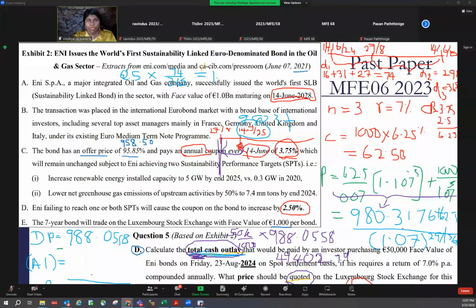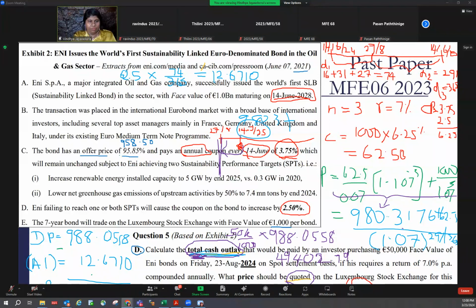That's why you have to be careful about these questions. The tricky part is making sure that 1,000 and 100, because you're so used to 100. 12.6710. So you reduce the accrued interest, 12.6710, to come up with the clean price.